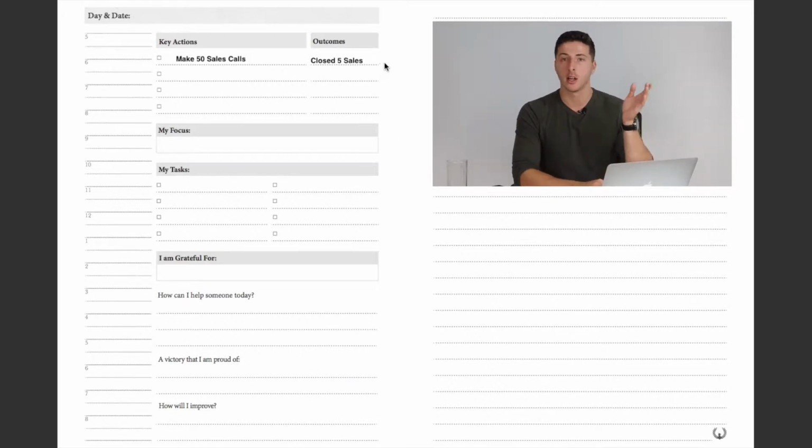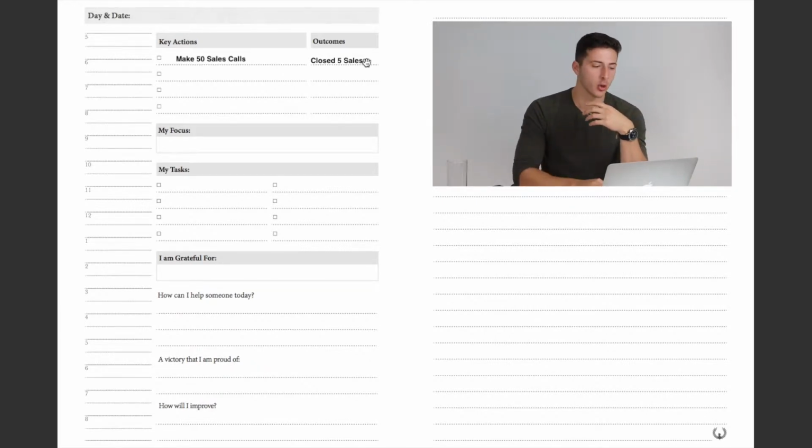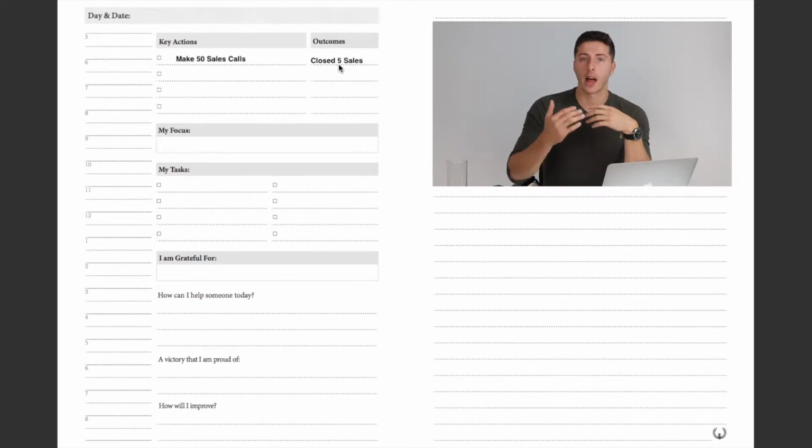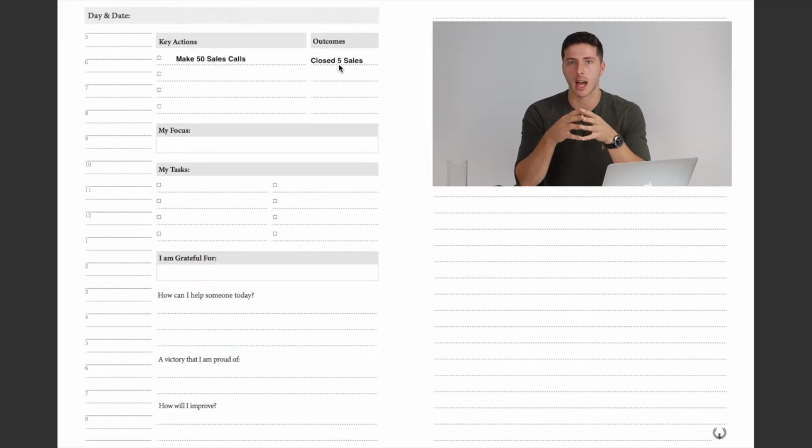Let's say 10 weeks from now, you're tracking the same key action and you do 50 or 60 sales calls again, and let's say you close 10. You can see that there's an increase in your conversion rate. Tracking these outcomes along with your key actions allows you to actually see improvement, lack of improvement, or even regression. So it's very important in many areas to have this.